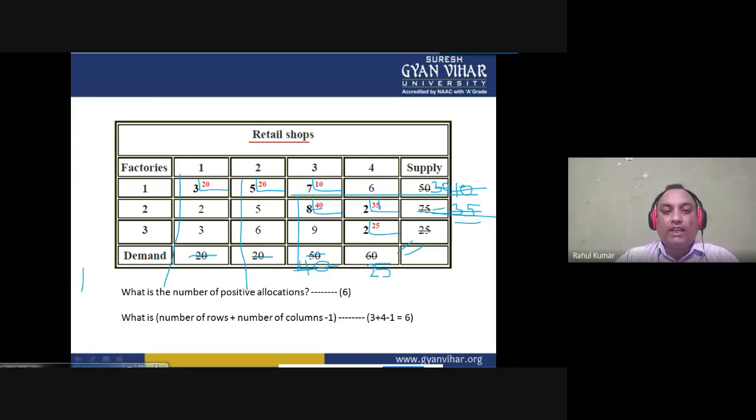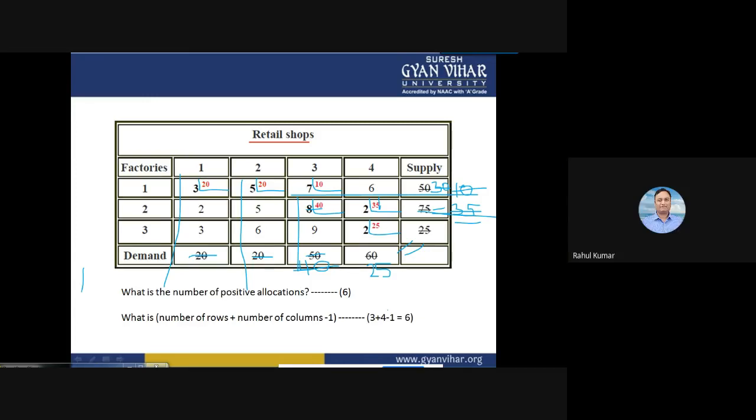Supply and demand both are equal. Then the minimum cost method: minimum cost is 20 into 3, 20 into 5, 10 into 7, 8 into 40 to 25, and this is the total minimum cost of the transportation.